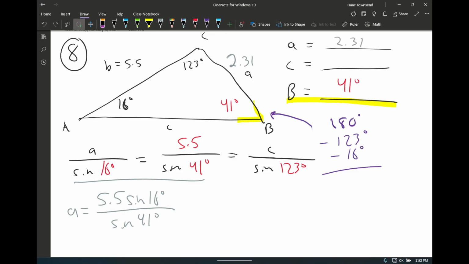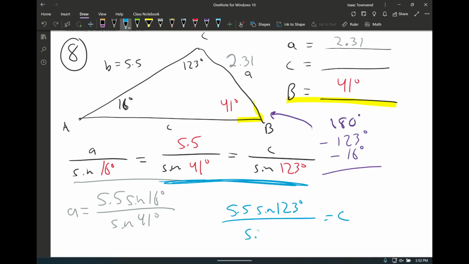Normally I'd round to 3 decimal places, but the directions do say 2, so I'm just trying to be faithful to that. And then over here, I could set these 2 parts equal to each other, multiply both sides by the sine of 123 degrees. And then you know what side C is equal to. Throw that mess in the calculator, and I'm getting about 7.03.